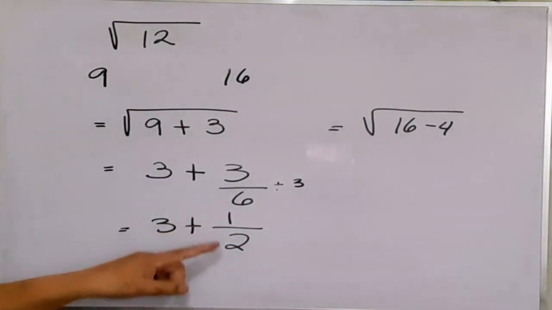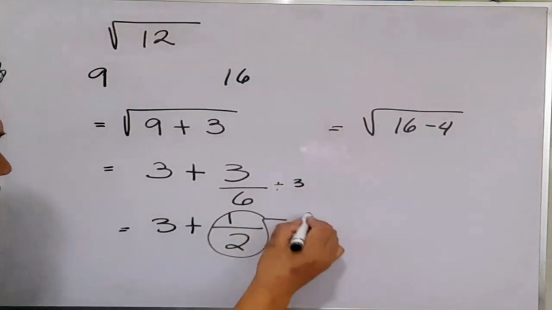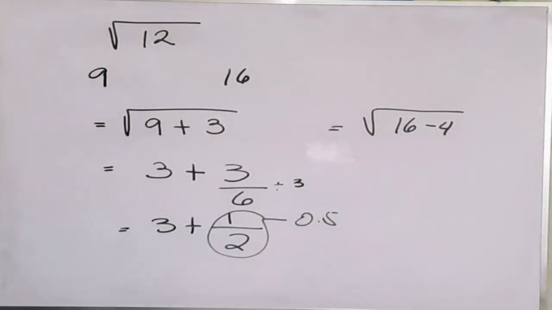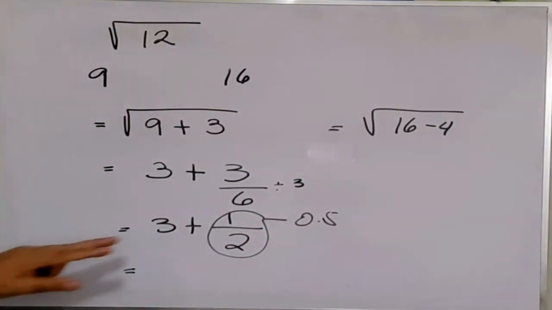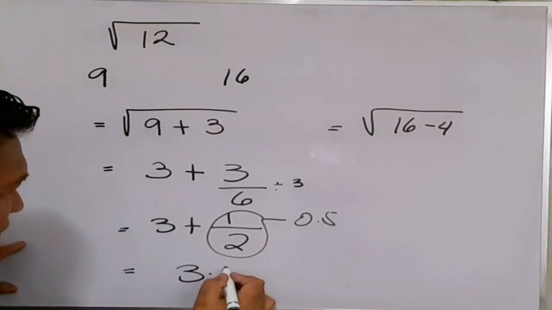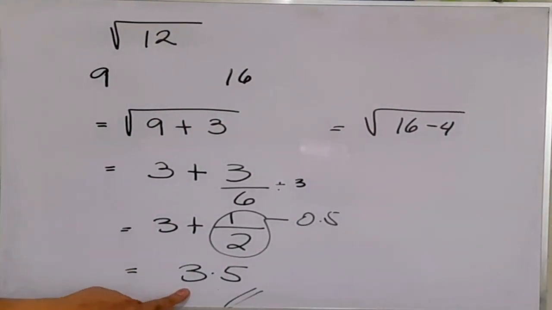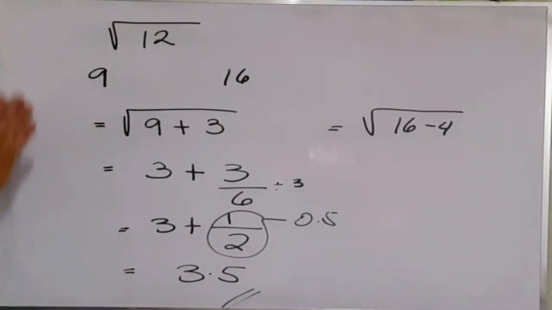And we know that 1 half is equal to 0.5. Therefore, 3 plus 0.5 is 3.5. The square root of 12 is equal to 3.5. A very easy way, right?